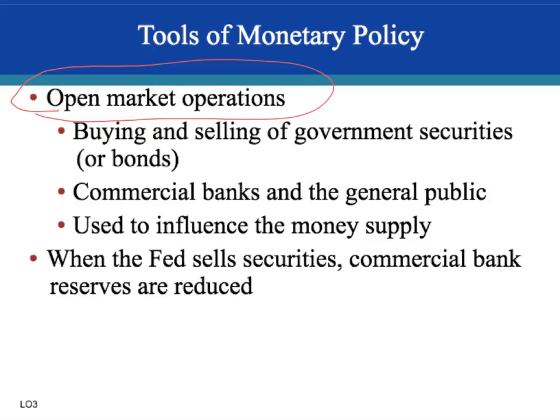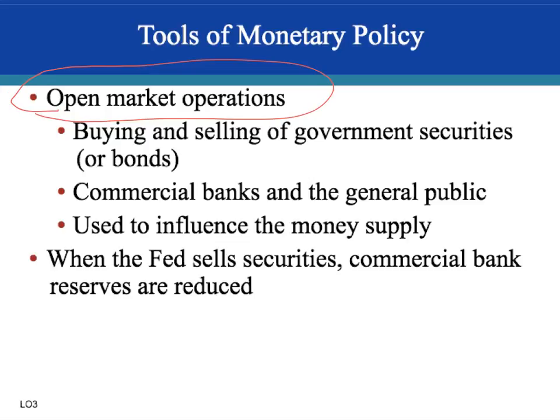If you remember, banks create money through loans, and they loan out money from their excess reserves. So when the Fed sells securities, commercial banks buy them, pay for them from their reserves, and therefore their reserves are reduced.